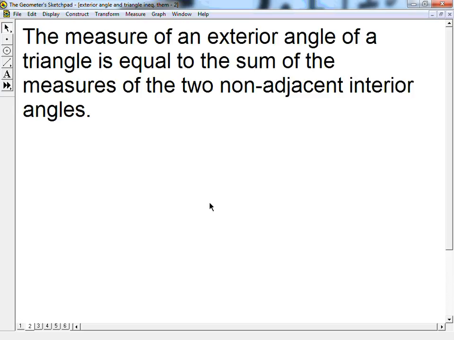So the measure of an exterior angle of a triangle is equal to the sum of the measures of the two non-adjacent interior angles.